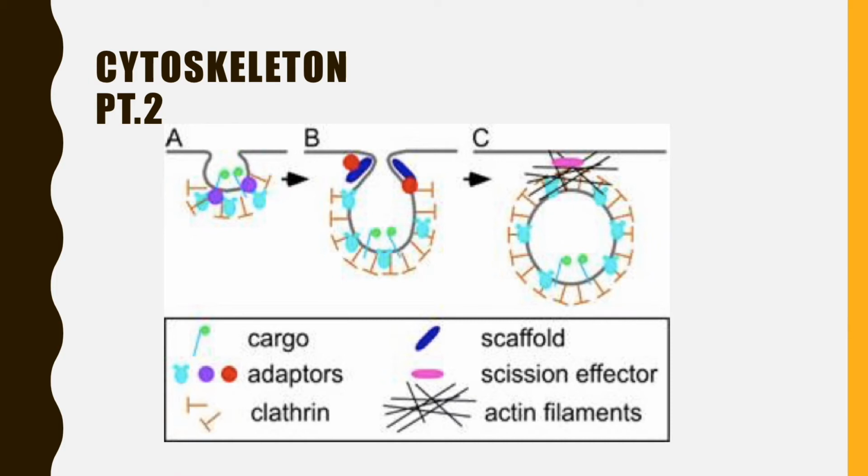So when the cargo hits our cell membrane, it attracts clathrin and adapters that help pull the cargo in. And when the cargo is far enough in, we have scaffolds and other adapters that help cut off the end of it.